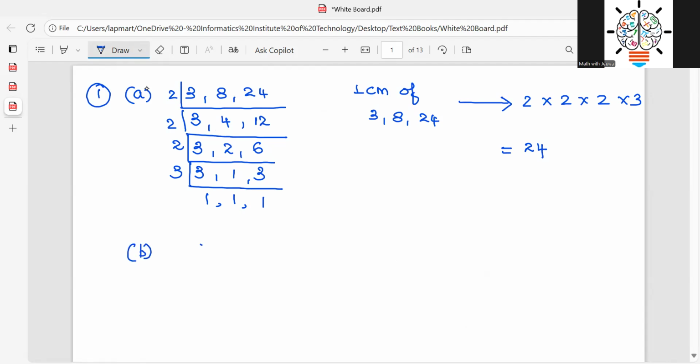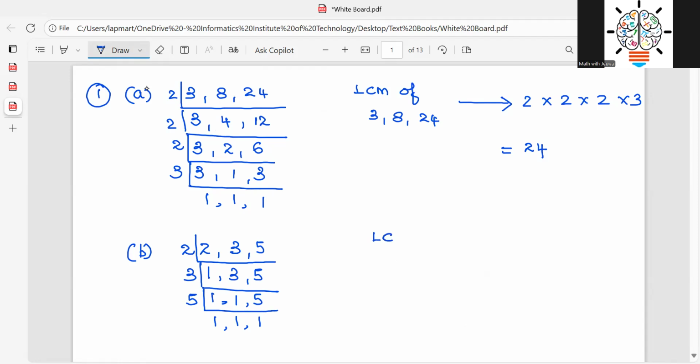Part B, we have 2, 3, 5. I divide this by 2, 1, 3, 5. I divide this by 3, 1, 1, 5. I divide this by 5, 1, 1, 1.